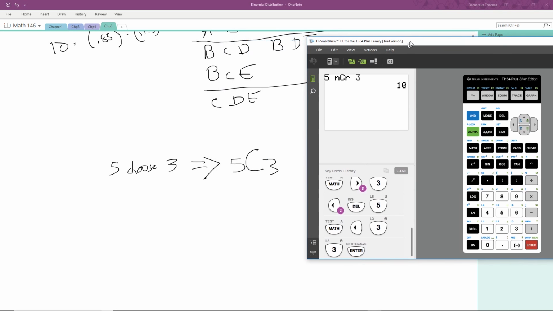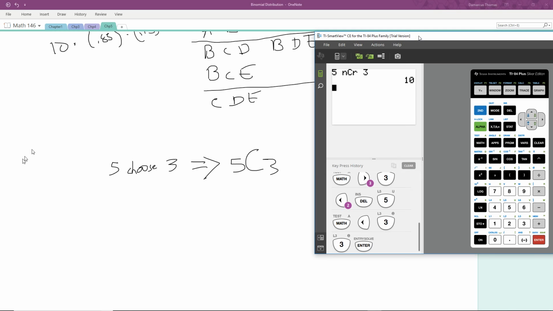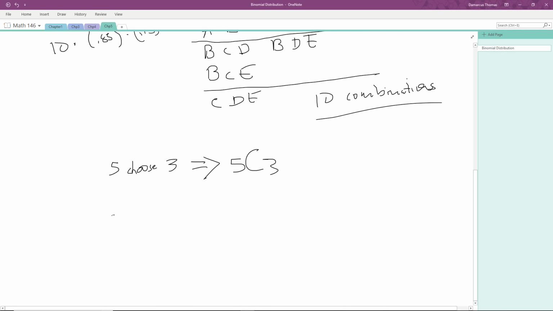And this formula, let me write this down so we're all aware: nCr is equal to n factorial over n minus r factorial times r factorial. And we were using it in terms of nCx, where x is the exact probability.